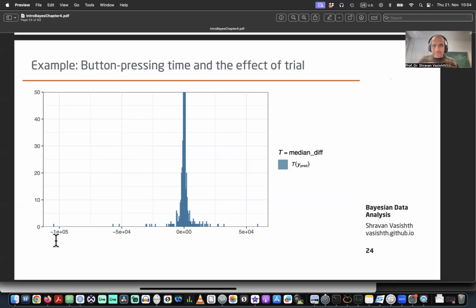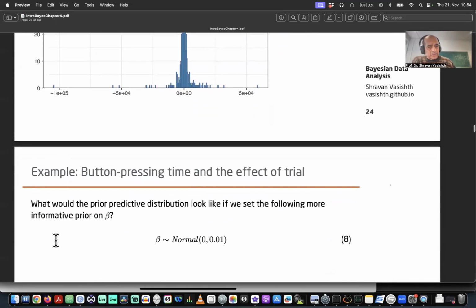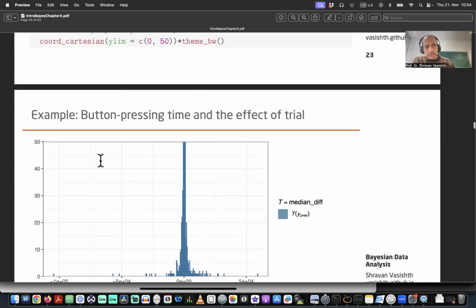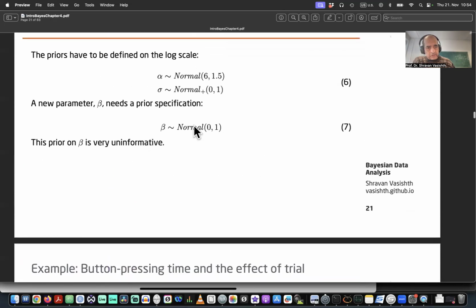So those median differences are really huge on the millisecond scale. It doesn't make any sense actually, right? So what that means is that our beta prior is too broad. This beta prior is way too big.